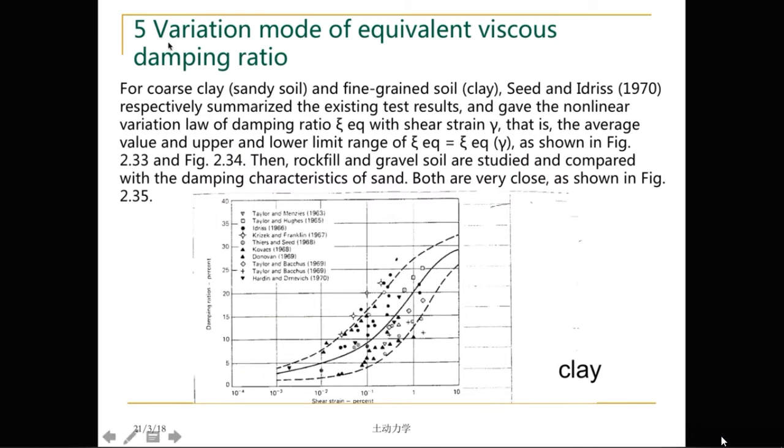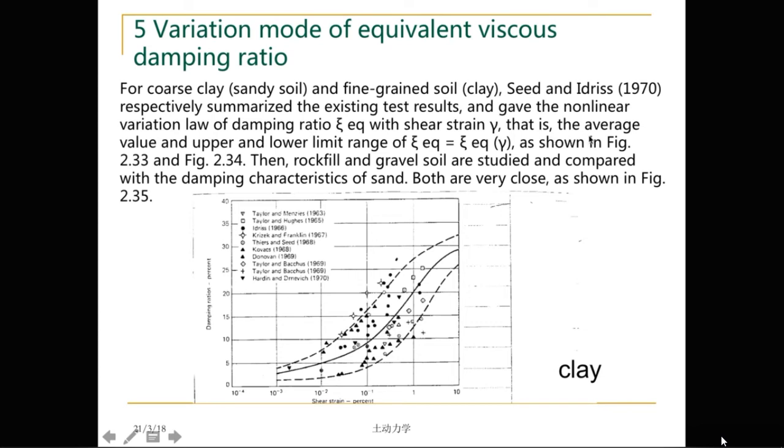Let's see the variation mode of equivalent viscous damping ratio. For coarse-grained or sandy soil and fine-grained clay soil, Seed and Idriss respectively summarized the existing test results and gave the nonlinear variation law of damping ratio lambda eq with shear strain gamma.